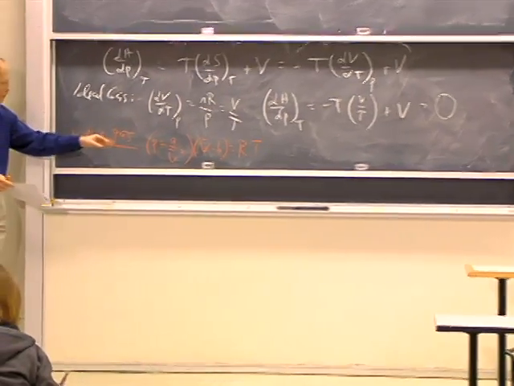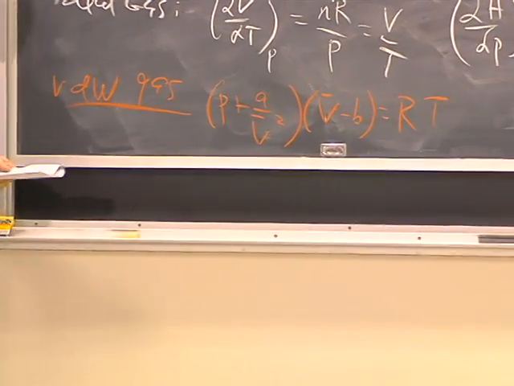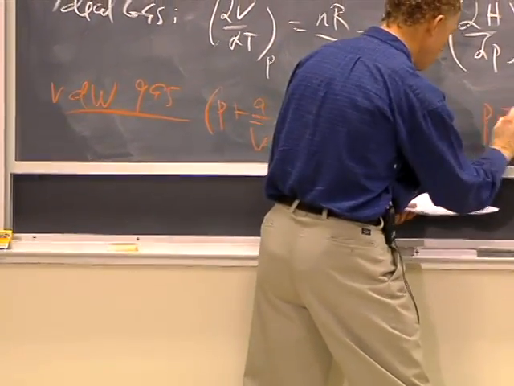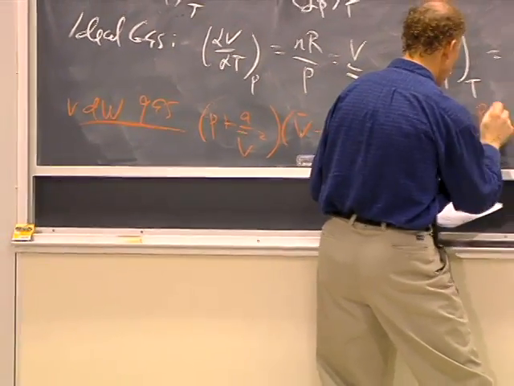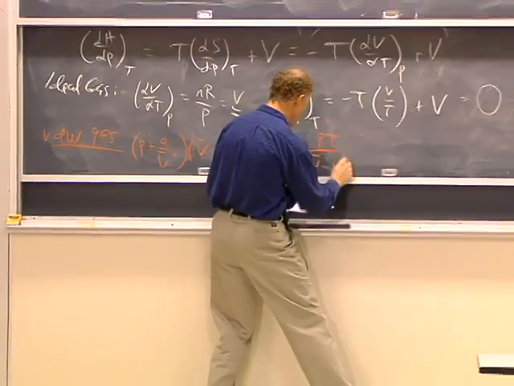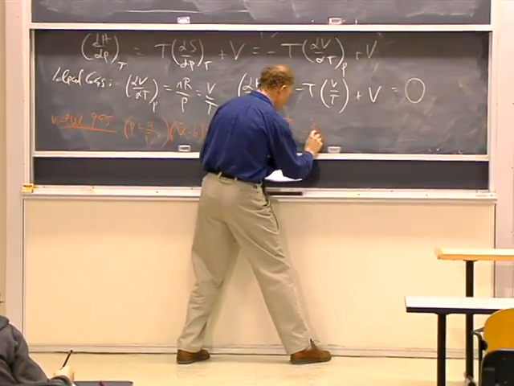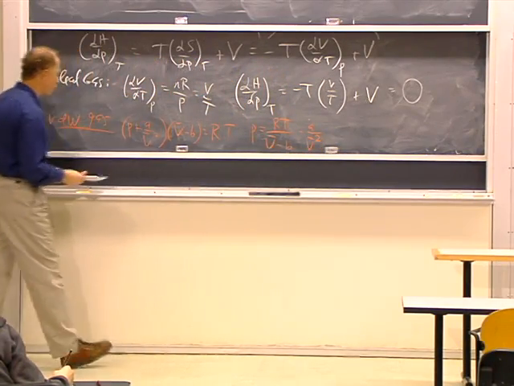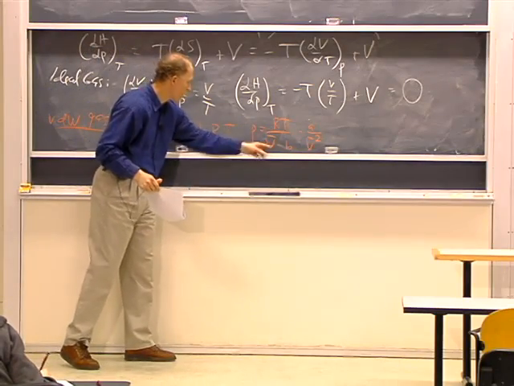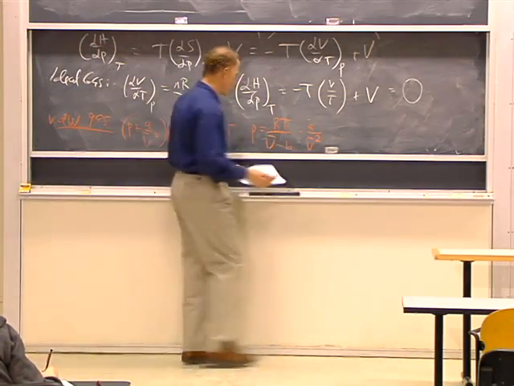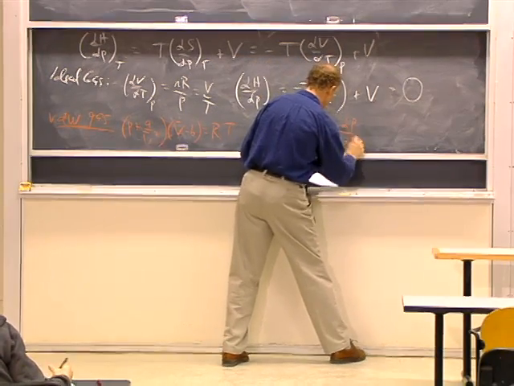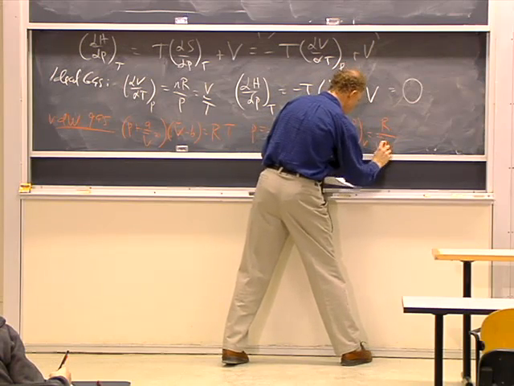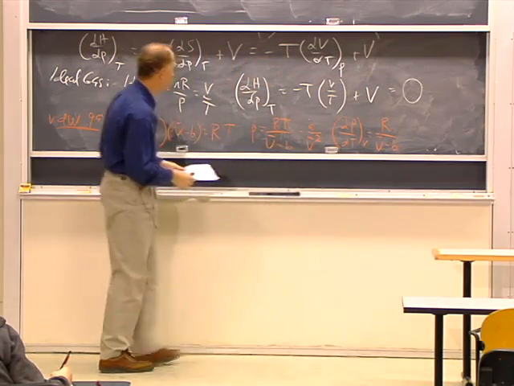This was back from the first or second lecture in the course. So we can separate out P. It's RT over molar volume minus b, minus a over molar volume squared. And then we can take the derivative with respect to temperature. So dP/dT at constant V is just R over V-bar minus b.